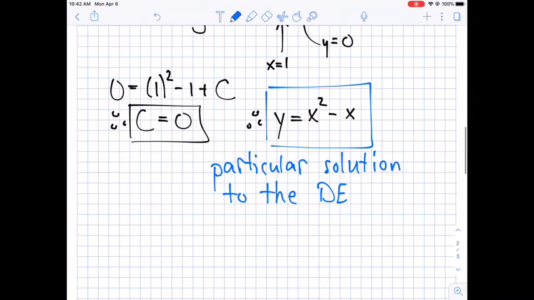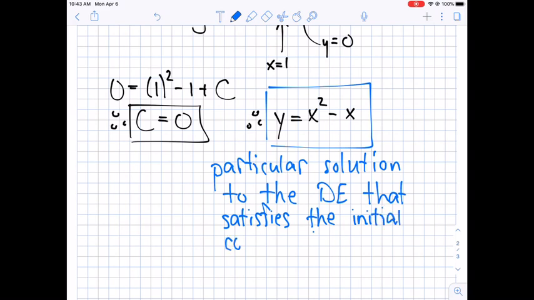Okay, so this is the particular solution to the differential equation that satisfies what's called the initial condition. And our initial condition for this one was that if x is 1, y should be 0.